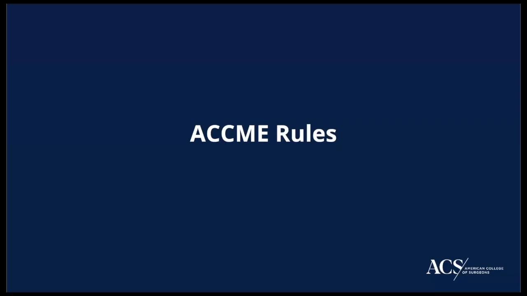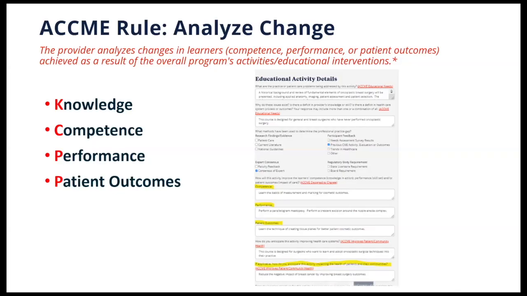Next, I'd like to go over the ACCME rules. There is something that we would like to bring to your attention when it comes to the changes in the learners, the competence, performance, and patient outcome, as it's achieved as a result of the program's overall activities and educational items. Shown here on this slide, many of you have seen and have completed the boxes where it lists the competencies of competence, performance, and patient outcome.